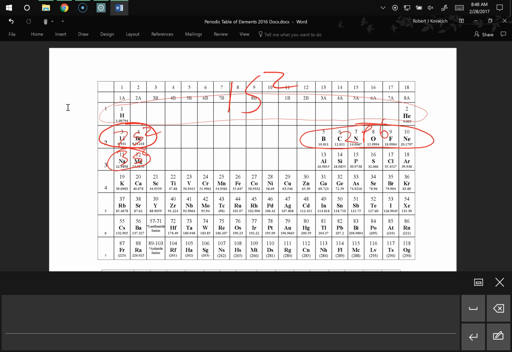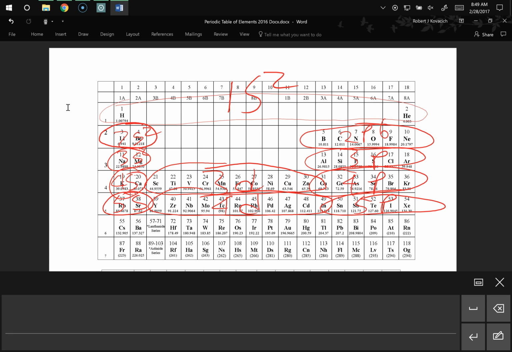So I'm going to cruise across this 3s, and then 3p, and then 4s, and then what's this? That's 3d. And then this, 4p, 5s, 4d, 5p. And that's how they fill.